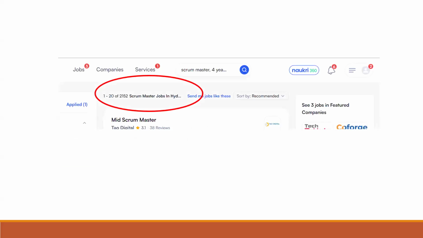Just a few minutes back, I took this screenshot of Naukri, where I searched for a Scrum Master with 4 years of experience. I took it for Hyderabad because I reside in Hyderabad, and I see that 2,152 jobs are present.